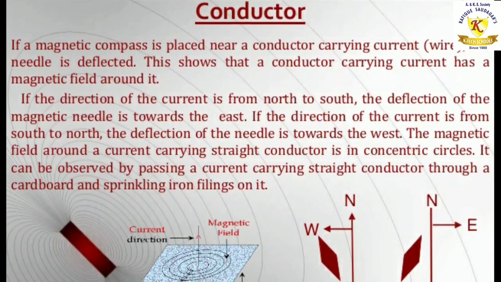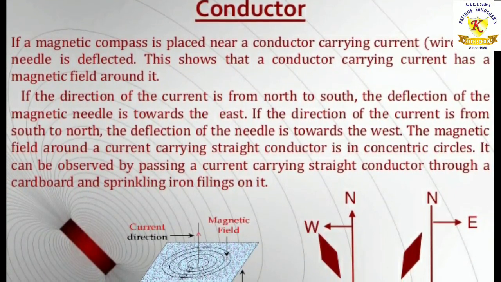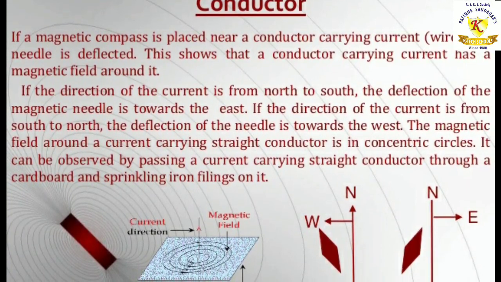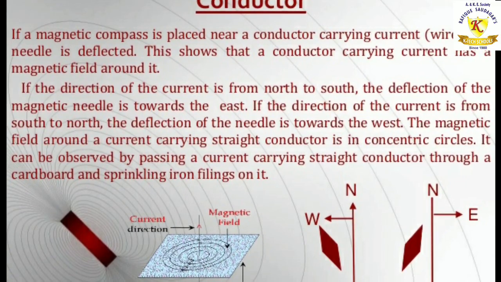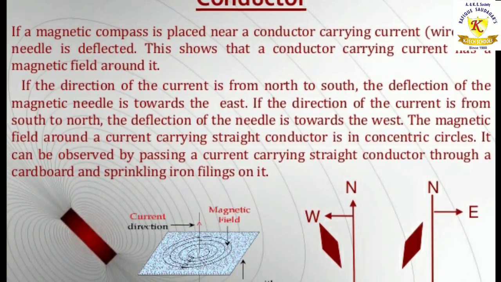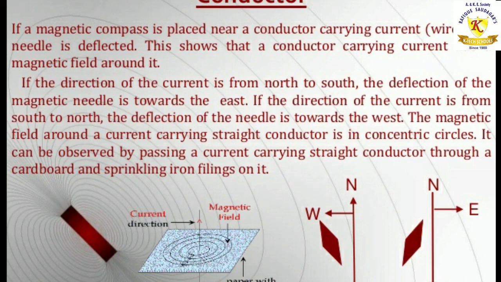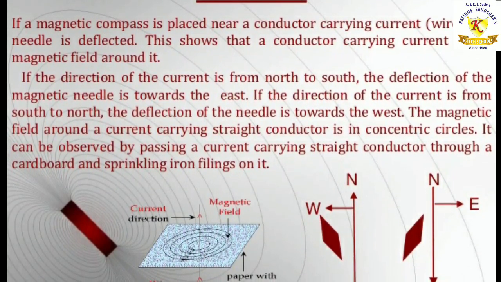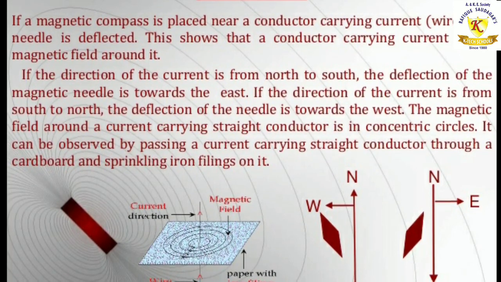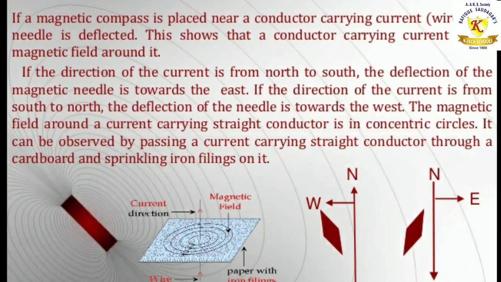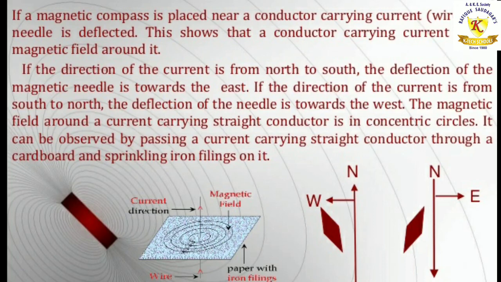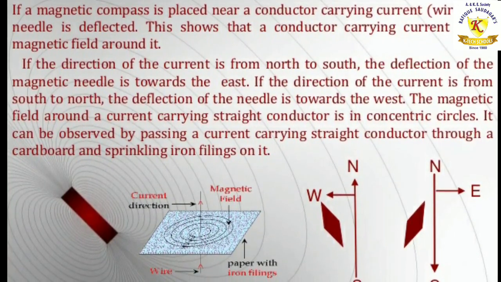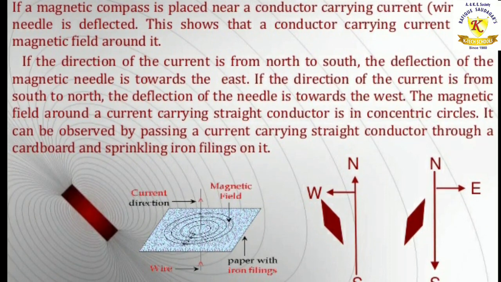If the direction of the current is from north to south, the deflection of magnetic needle is towards the east. And if the direction of the current is from south to north, the deflection of the needle is towards the west. The magnetic field around a current carrying straight conductor is in concentric circles.